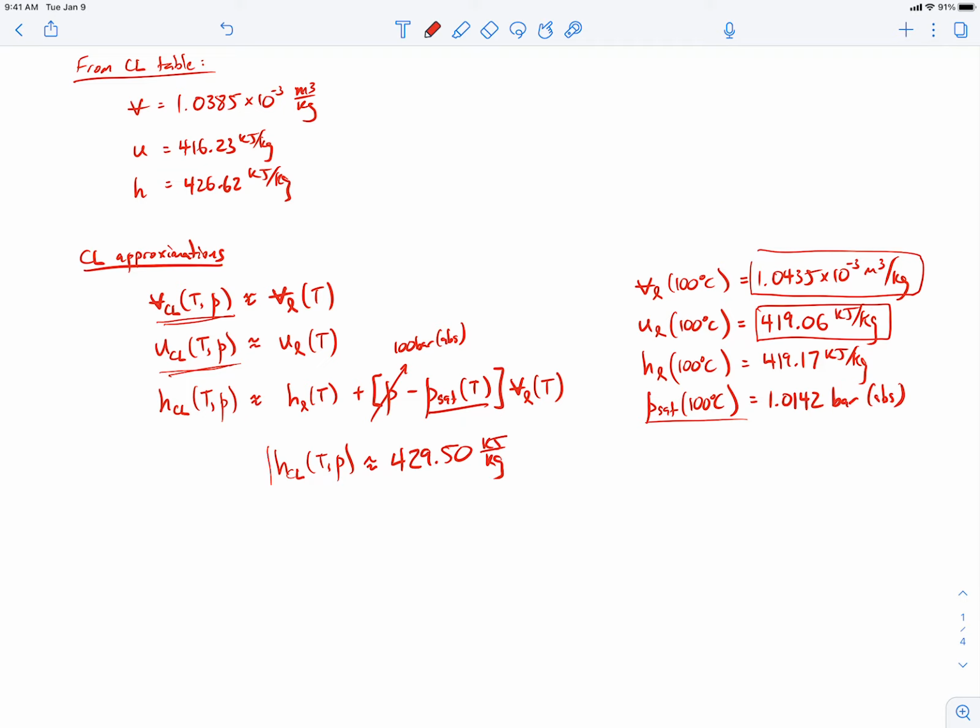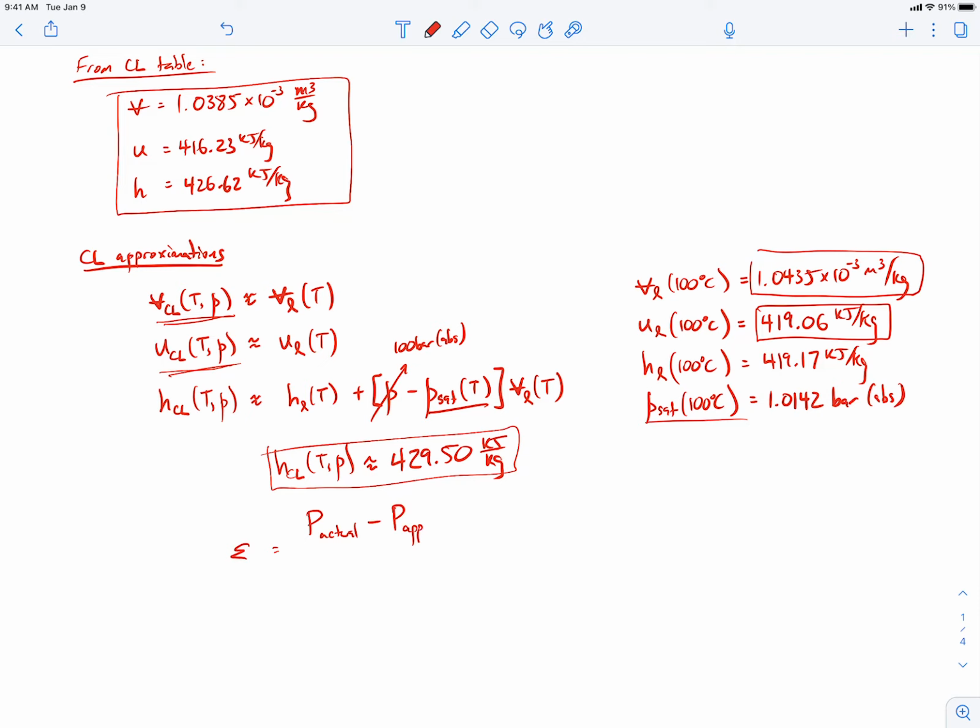Okay, so now that we have those values, just a reminder, these are the ones coming from the compressed liquid table. Up here, these values are coming from our approximations. And then the relative error of some property is going to be the value of the property, let's just call it P. It'll be the actual value minus the property value using the approximation, and then we'll divide through by the actual value.